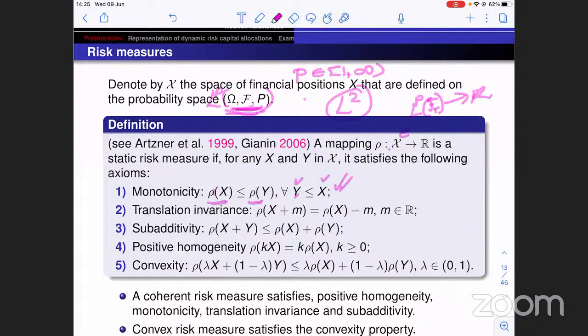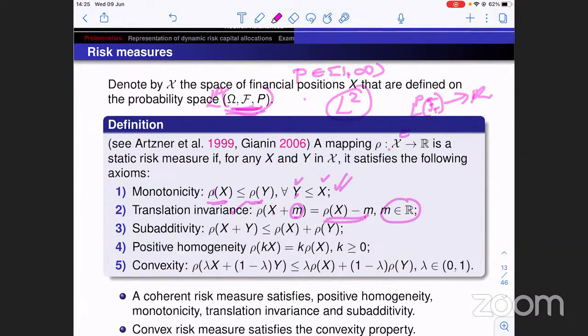And then we'll have also this condition here, the translation invariance, given by some m here added and then subtracted. What does this mean? It means if you are to add a constant like m here to x, then we can reduce the risk accordingly. That's why I got a minus here.